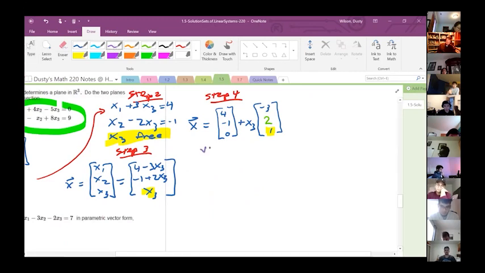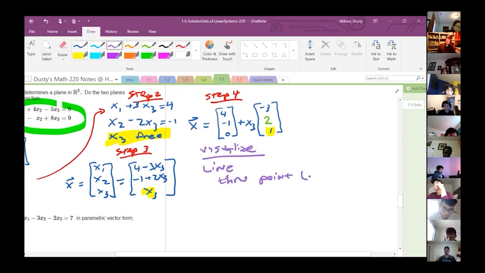If you wanted to visualize this, this is a line, and it goes through the point 4, -1, 0, and it is in the direction of -3, 2, 1.